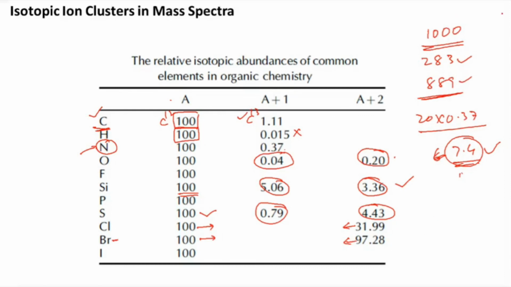But if you go above 1000, say 1025, there may be contributions from the M plus 1 of carbon, oxygen, sulfur, etc. That is why for low molecular weight compounds, the molecular formula readily agrees with the molecular ion that we observe.